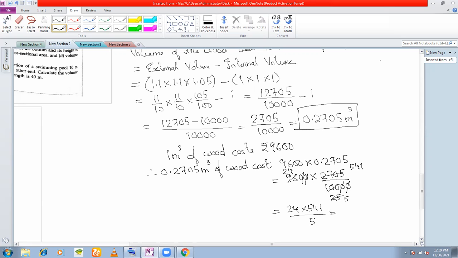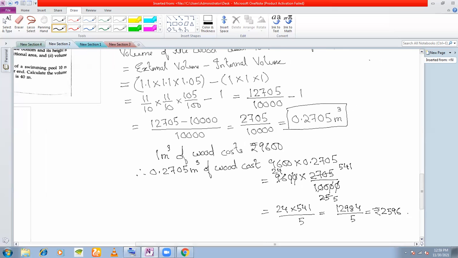This will give you 12,984 divided by 5, which will give you rupees 2,596.80. So the cost of making this box is 2,596 rupees and 80 paisa.